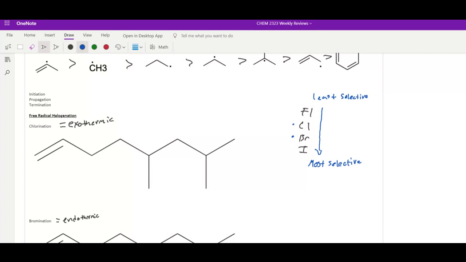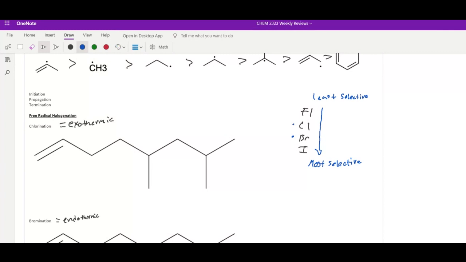Now let's talk about what selective means. Selective means if I give you a bromine atom and I want you to bond that to any structure I give you, where on that structure is that bromine going to want to bond?